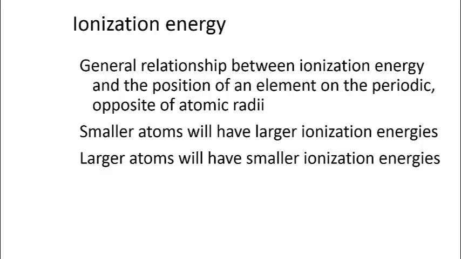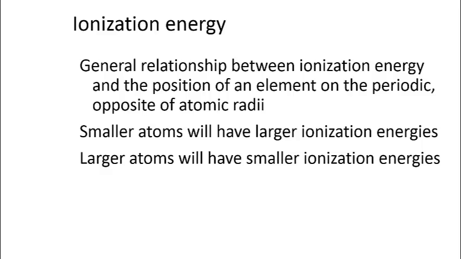In other words, the electrons will be more easily removed. So we can remove the electrons from atoms with larger atomic radii easier. So that means a lower ionization energy.